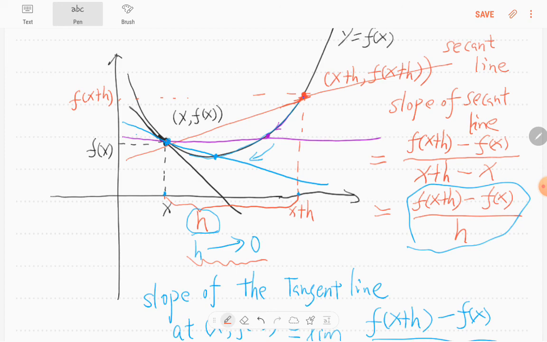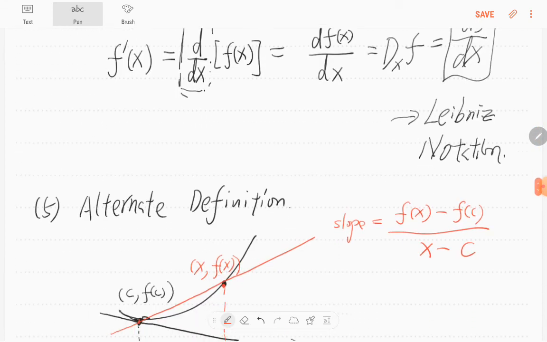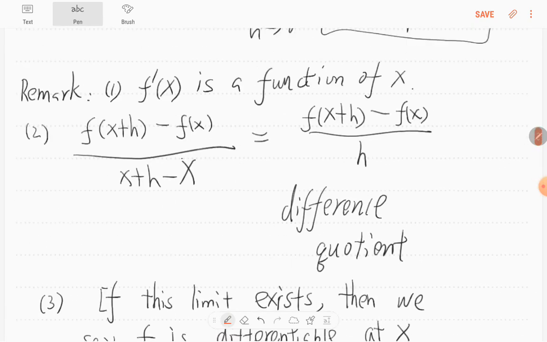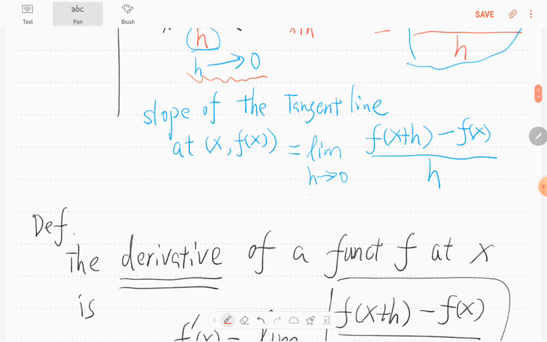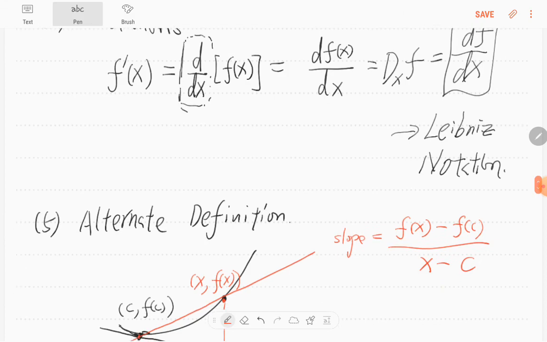They are actually the same thing, but use different ideas. Here we let the distance between these two points go to 0, and here we let x approach c. This is the limit for x approaches c, and this is the limit for h approaches 0. So actually they describe the same thing.